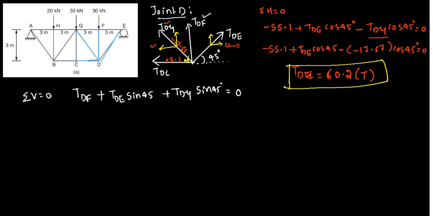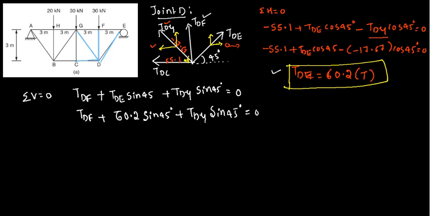So in the entire equation TDF is unknown, TDE we have already calculated here. Now TDF is unknown, plus the TDE value we already have, 60.2, that is sin 45, plus TDG sin 45 is equal to 0.